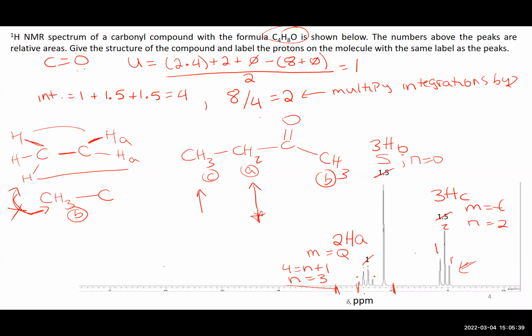And the chemical shift should be that of a methyl ketone, according to my table, even though that's not a methyl, it's a methylene. And then I do have a methyl here, integration of 3, no neighboring protons, so no protons that are 3 bonds away from those 3 hydrogens. So a singlet, and then the chemical shift, that for a methyl ketone. So everything's consistent. This molecule makes sense.